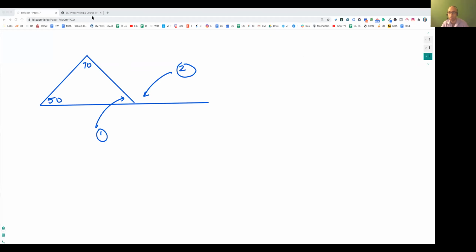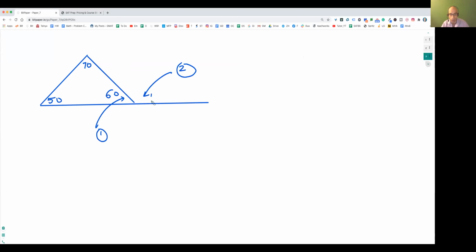Well done, guys. So now you see that this angle over here is 60. And because this is 60, this is 120. So this is 60 and this is 120. Perfect, that makes sense.